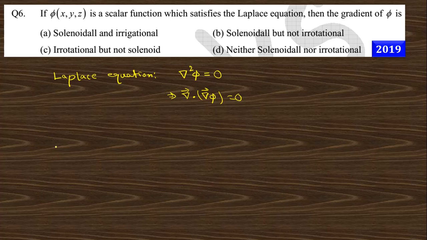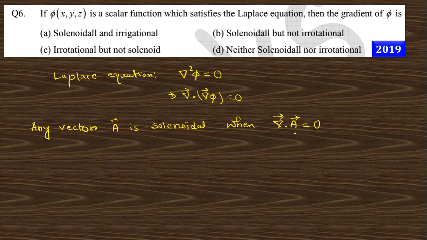Okay, and any vector A is solenoidal when divergence of A equals 0.